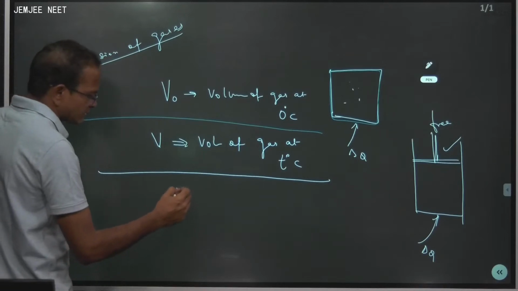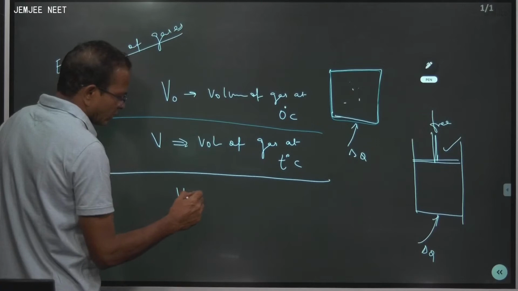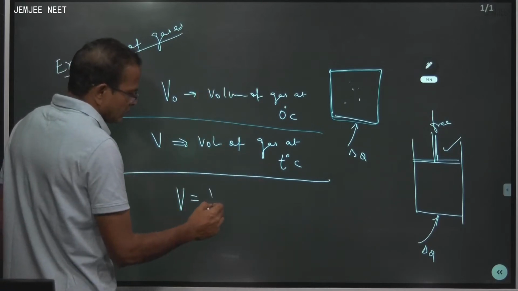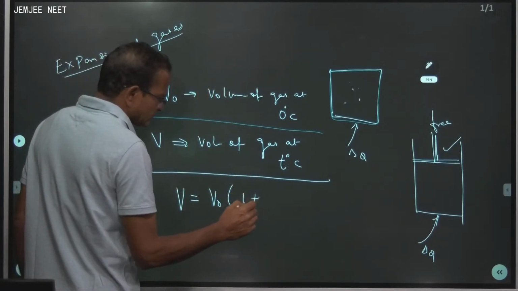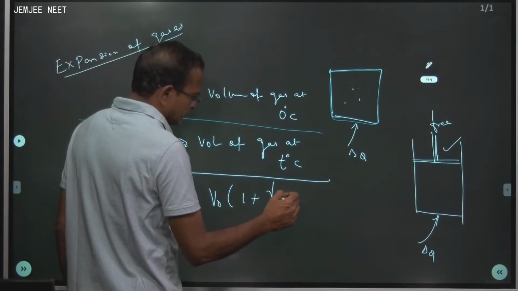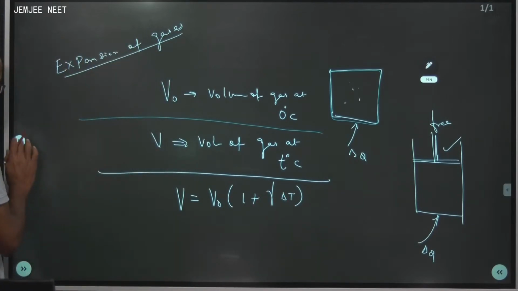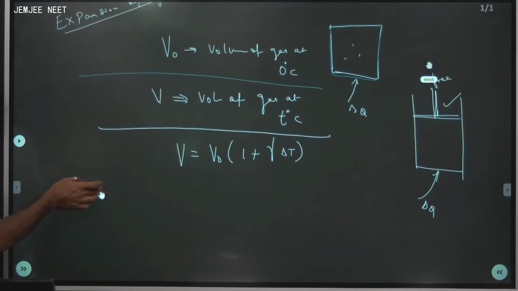Now our rule says that V is equal to V0 into 1 plus gamma delta T. Yes, this is what we have been using. But what's the delta T? I am clearly using degree Celsius, not Kelvin, right from the beginning.